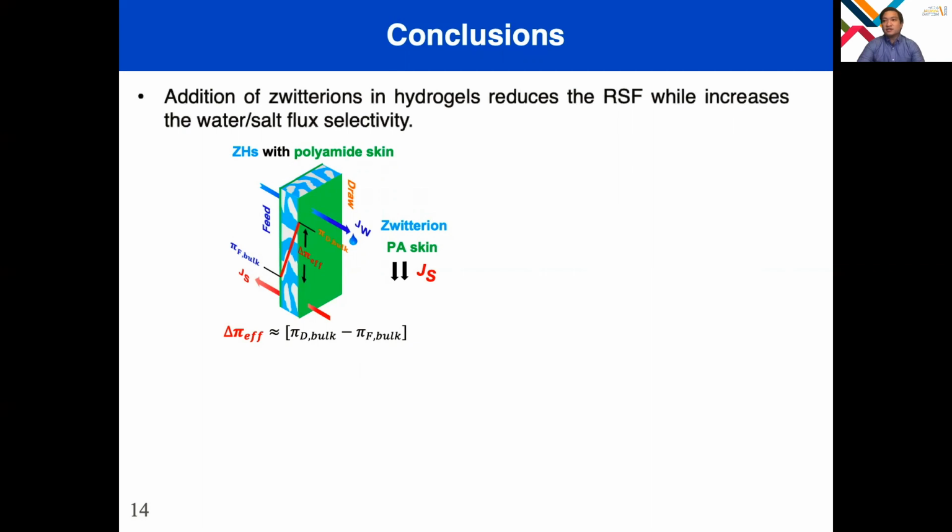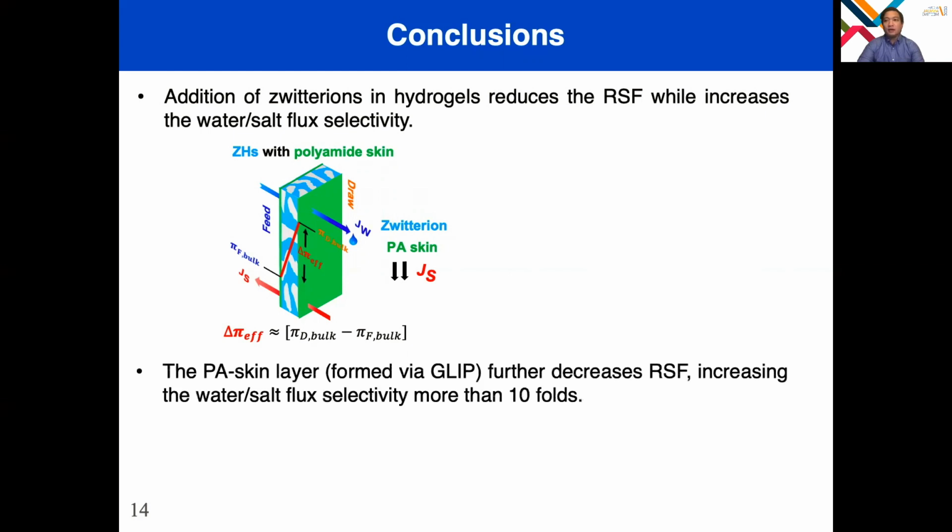The first major conclusion is that the addition of Zwitterion, such as SBMA, in hydrogel reduces the reverse salt flux while increasing the water over salt selectivity. The polyamide skin layer further reduces the reverse salt flux, hence increasing the water over salt selectivity more than tenfold.